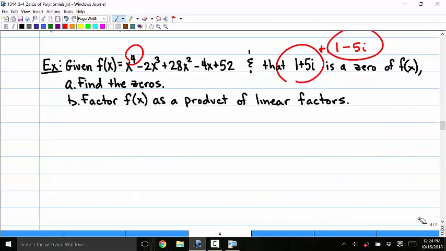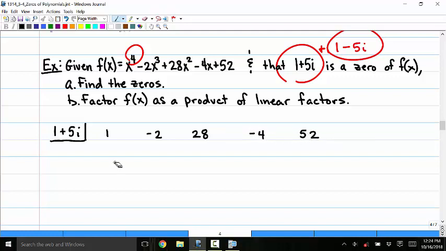All right, so I know that 1 plus 5i and 1 minus 5i are zeros. I'm going to put those in the half box. So 1 plus 5i. And what are the coefficients going to be? 1, negative 2, 28, negative 4, and 52.